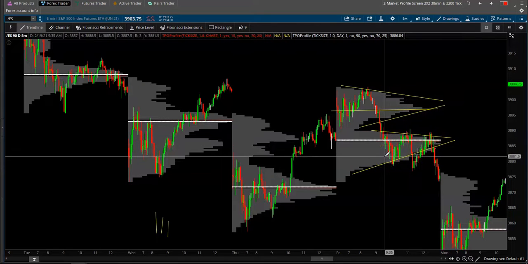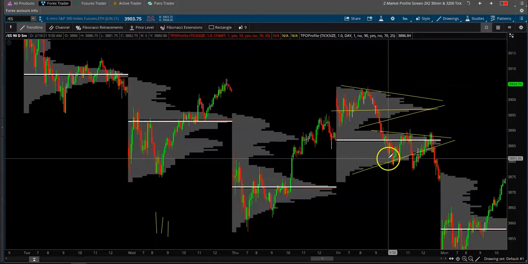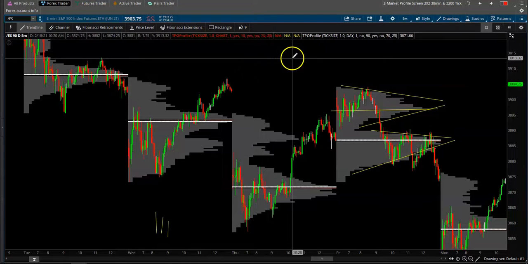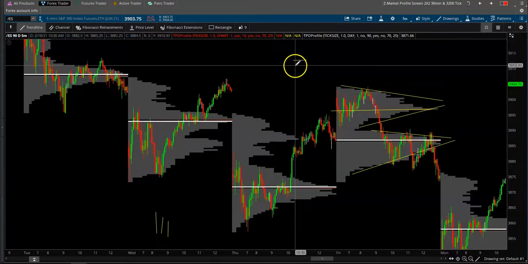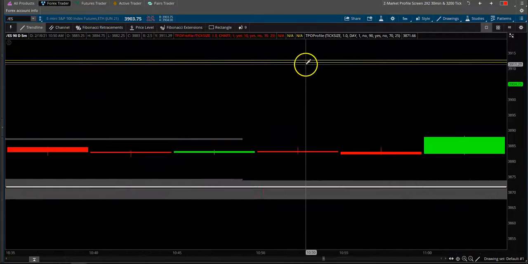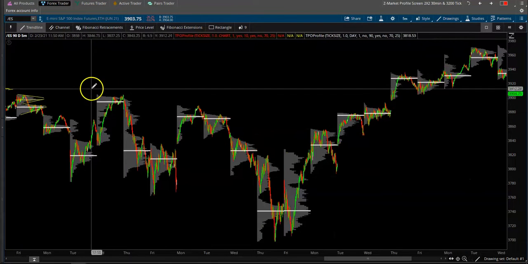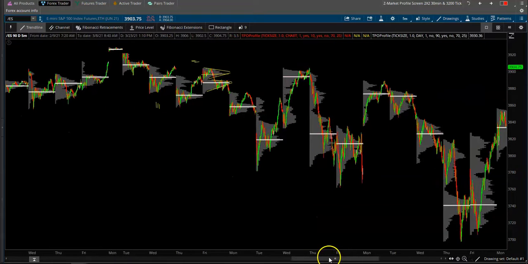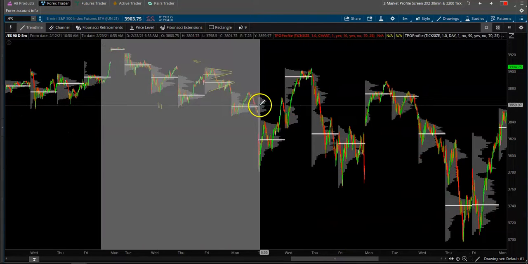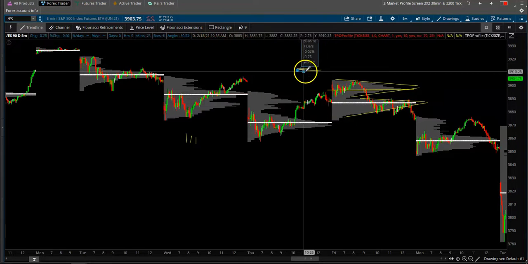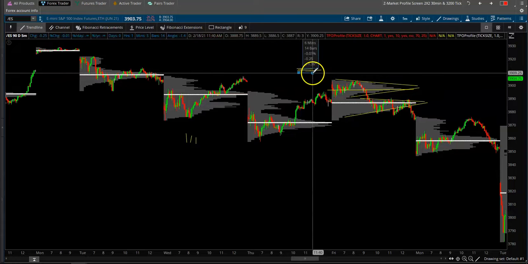One thing with market profile is you'll see something like this, right? Let's go back to it. What price is essentially doing is building out a pattern.